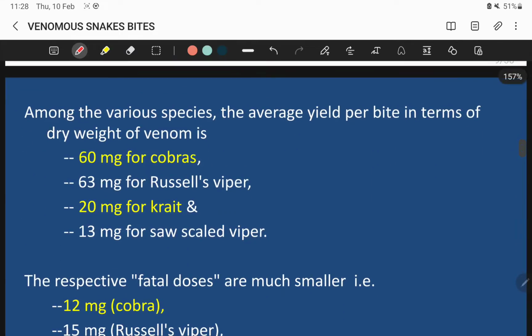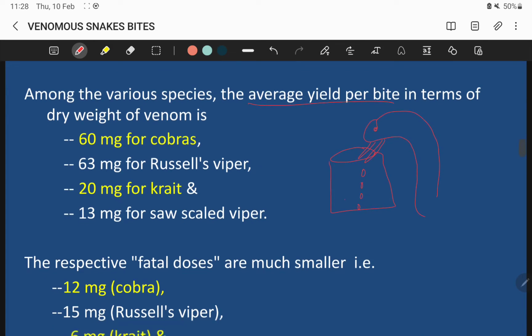So among the various species, the average yield per bite in terms of dry weight of venom, okay? Say this is a jar and this is a snake. Its fang comes out like this, and you make it spit the venom into the container. So one bite gives how much dry weight of venom?